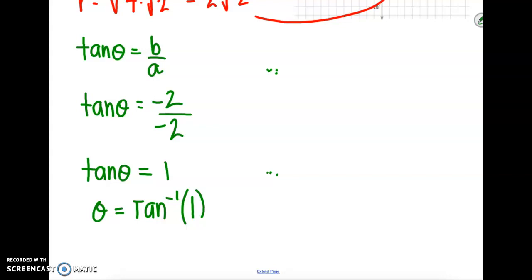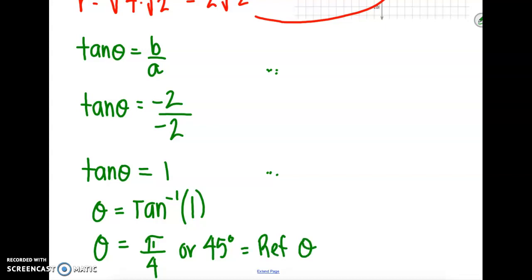When you take the tangent inverse with your graphing calculator or your scientific calculator, you're going to get 45 degrees or pi over 4. Pi over 4 or 45 degrees. That's also considered our reference angle.